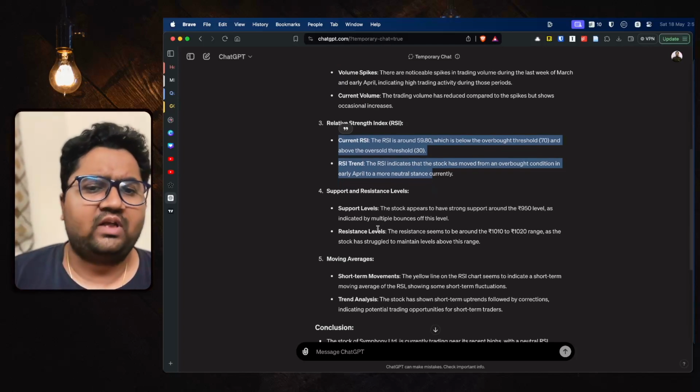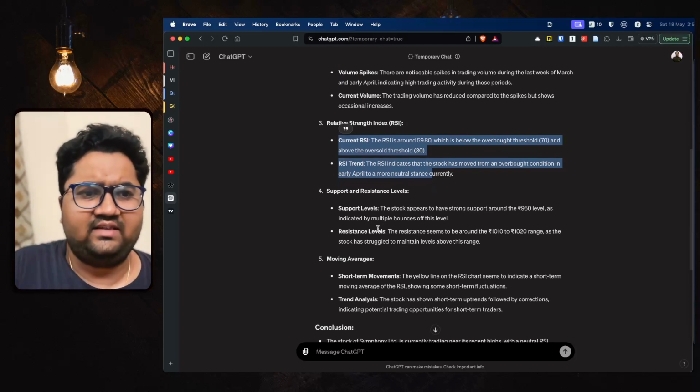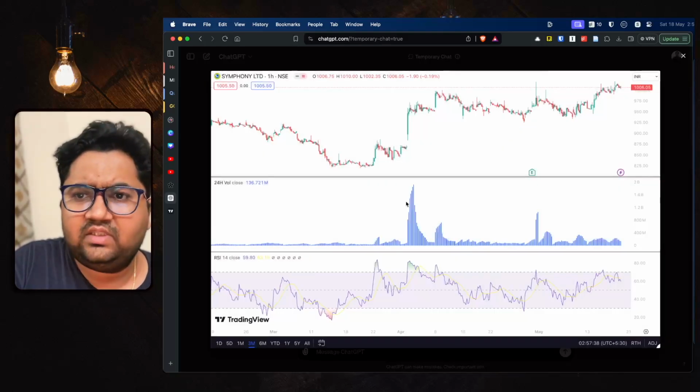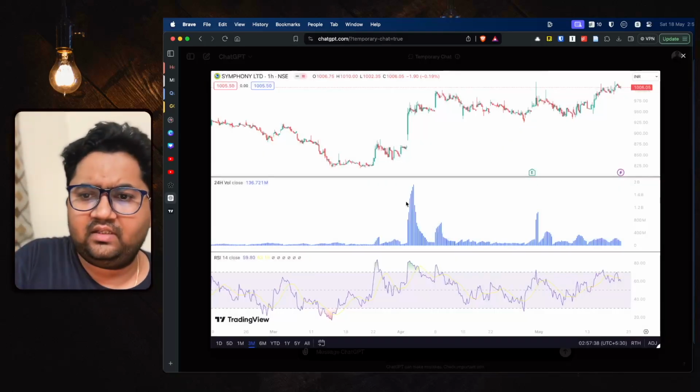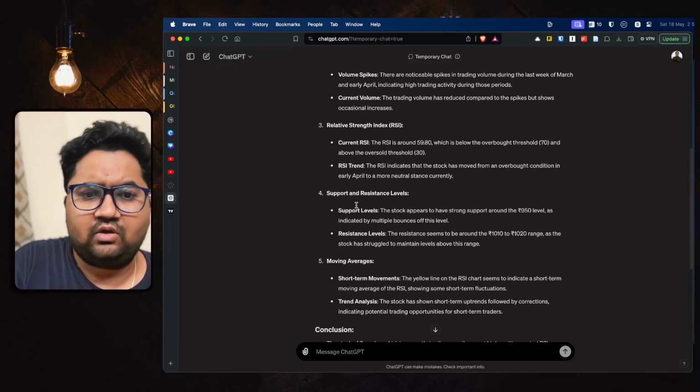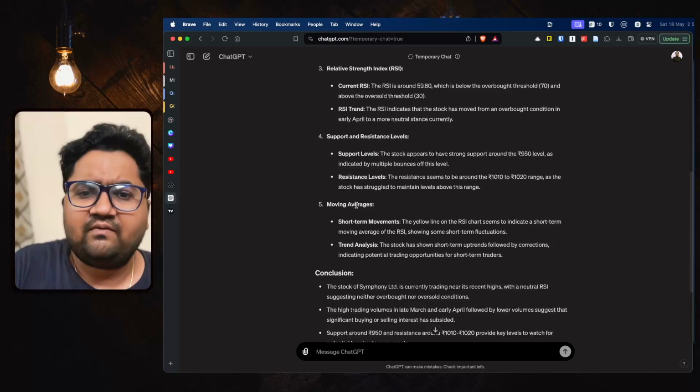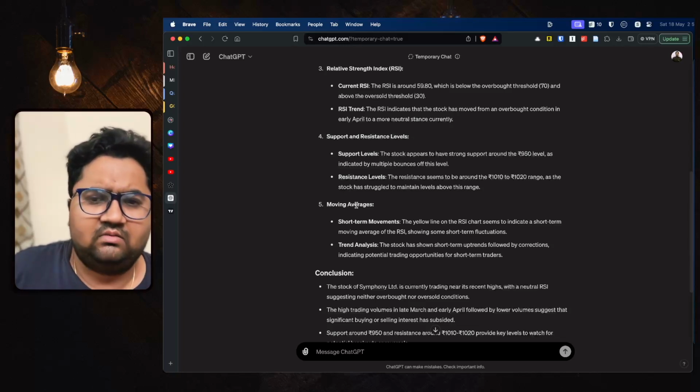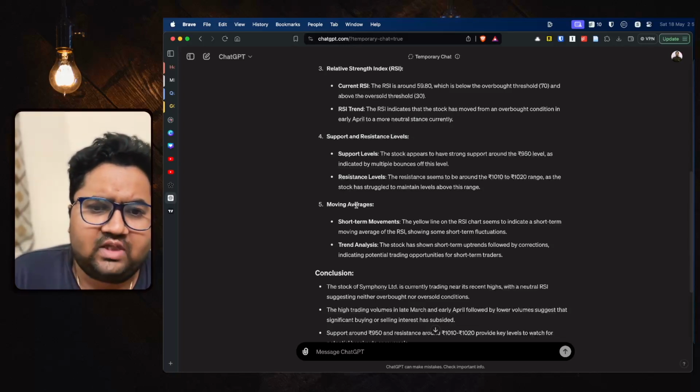It's getting the support and resistance levels, I think, automatically. I don't think the zones are calculated anywhere in there. It's there in RSI, but I haven't given any support and resistance level. Moving averages are also something I think it's picking up from some of those calculations.